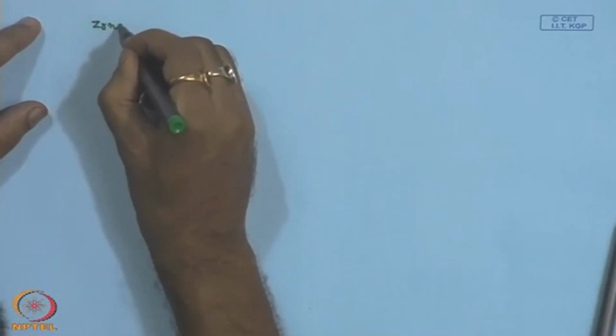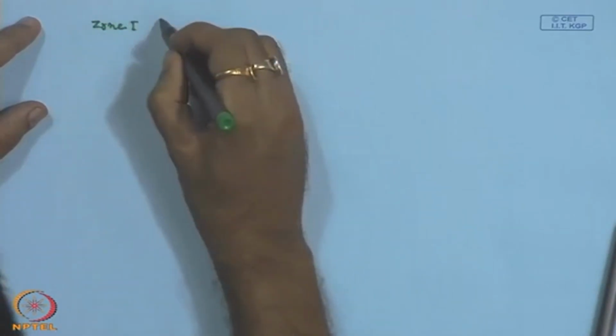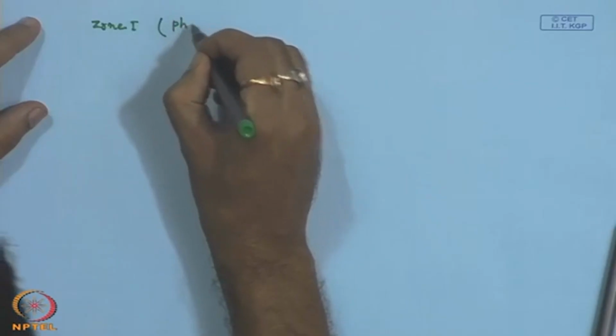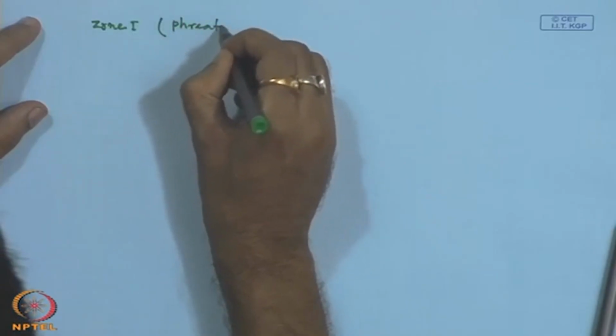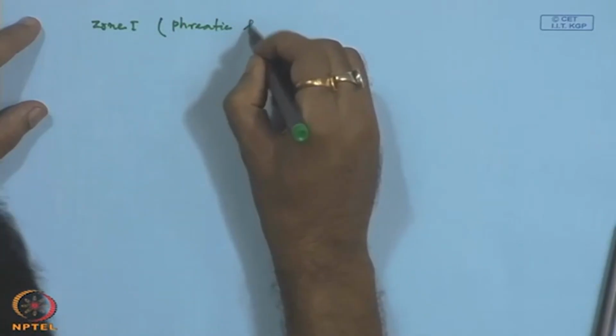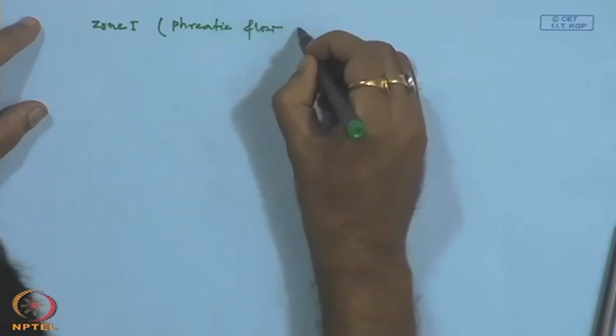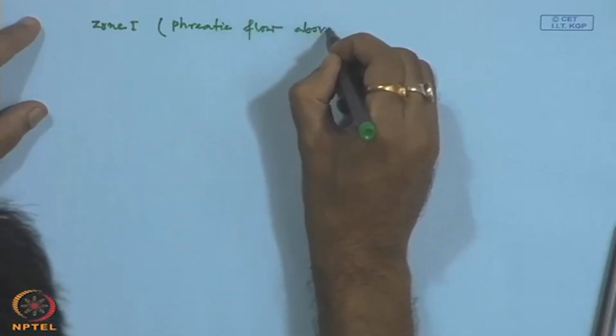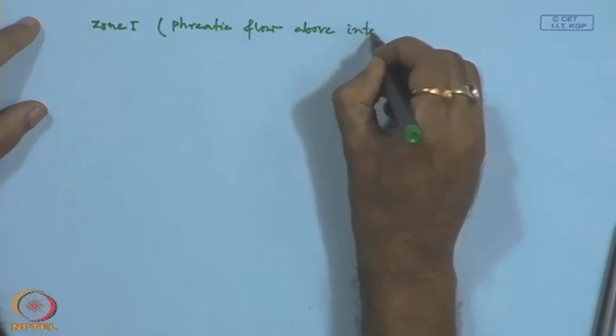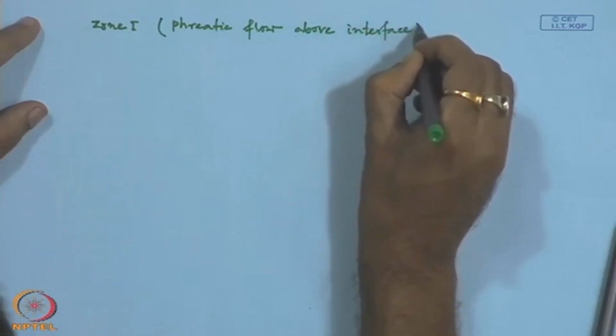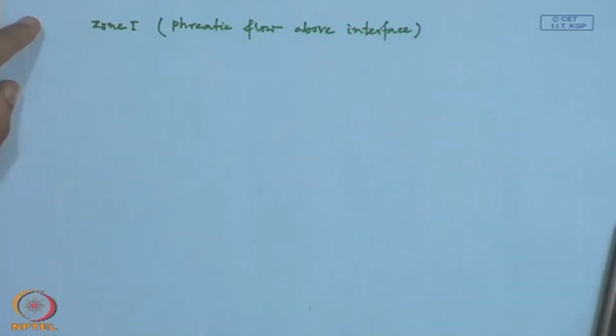So, for zone 1, we have phreatic flow above the interface.